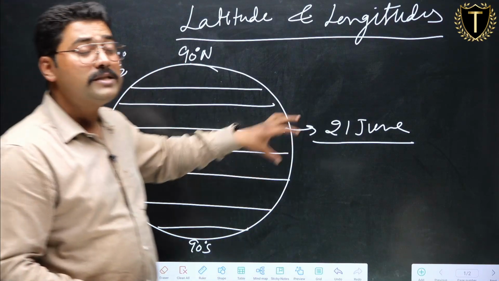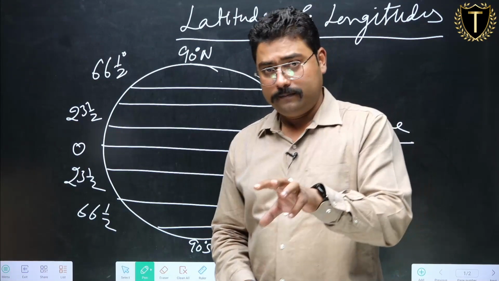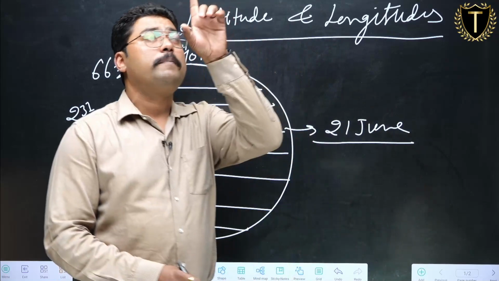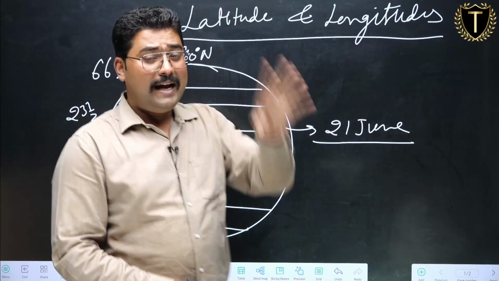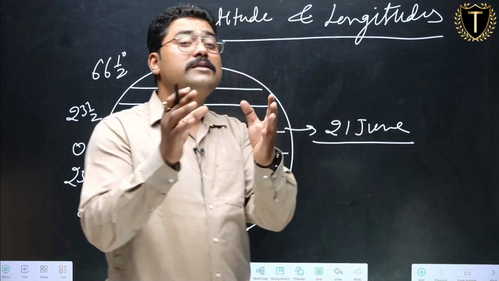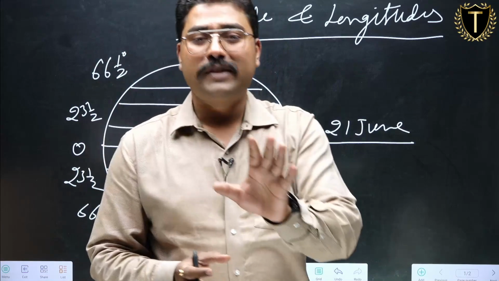Means the person who is standing over this latitude will experience zero shadow in the afternoon, because the sun is just perpendicular over his head, and that's why the shadow will be just below his feet. This condition is considered as zero shadow day. Mind it, means no shadow.